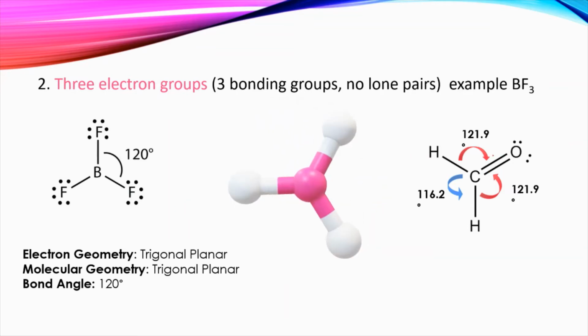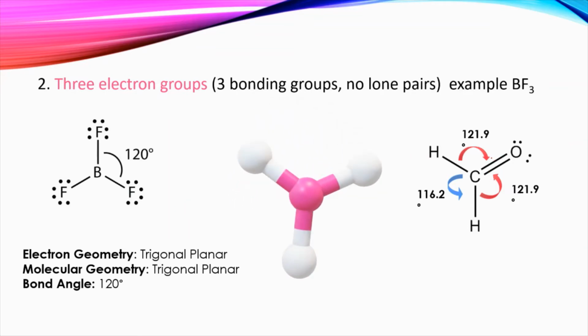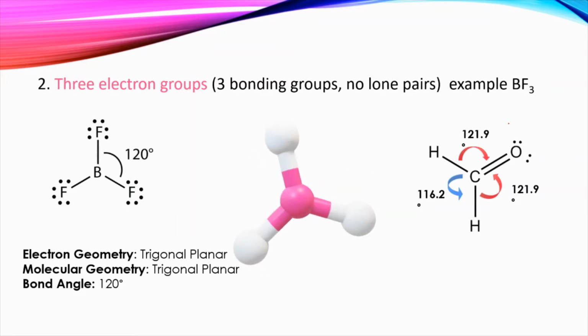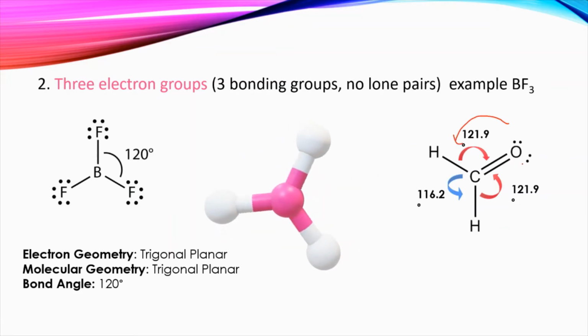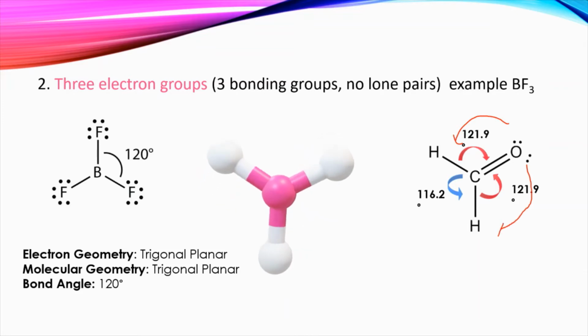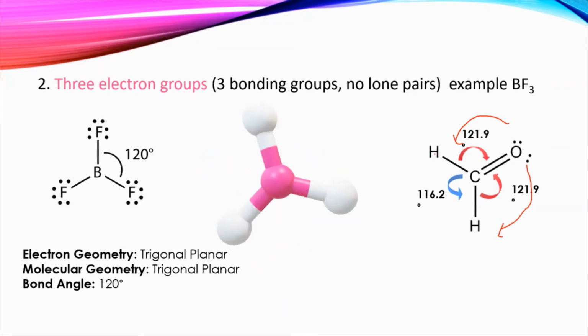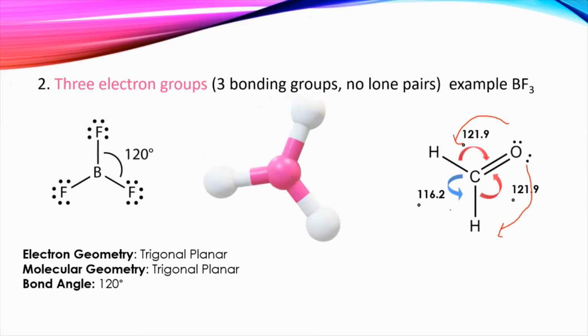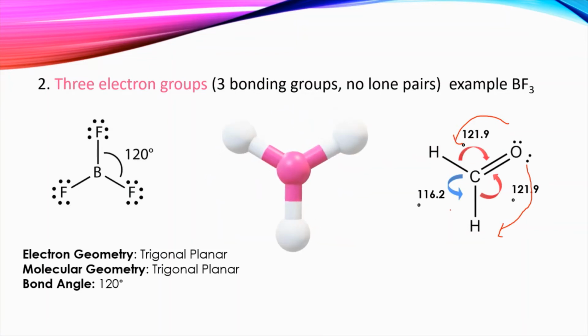But a double bond has more electron density, which means that the double bond will push the carbon-hydrogen bonds down, causing the bond angle between hydrogen-carbon-hydrogen to be lower than 120, so 116.2.